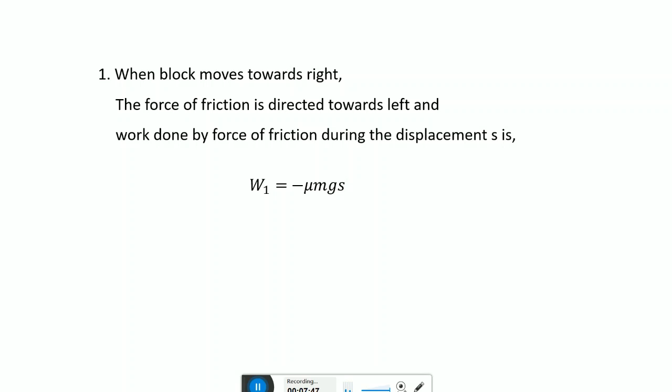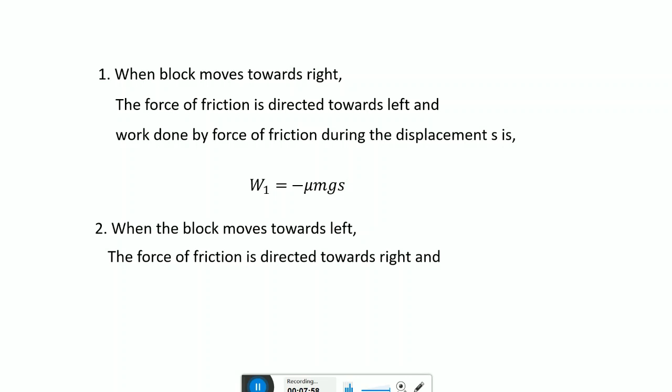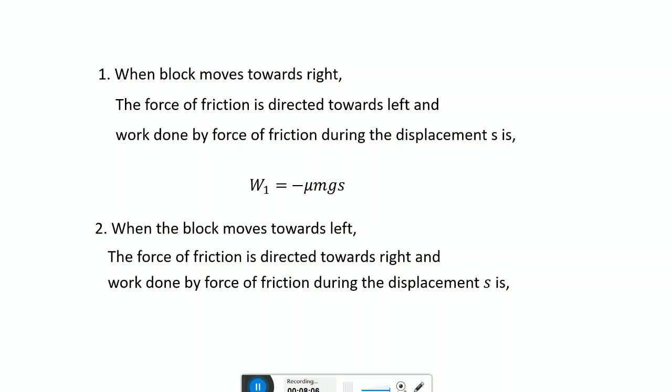And in the second situation, the block moves towards the left, that is from B to A. Then the force of friction is directed towards the right, and the work done by the force of friction during the displacement S is W2, which is again equal to minus mu mgS.